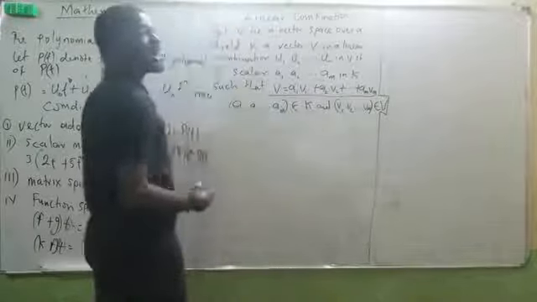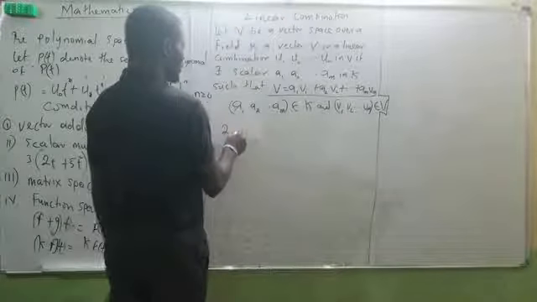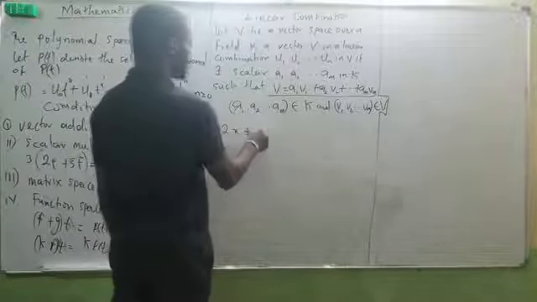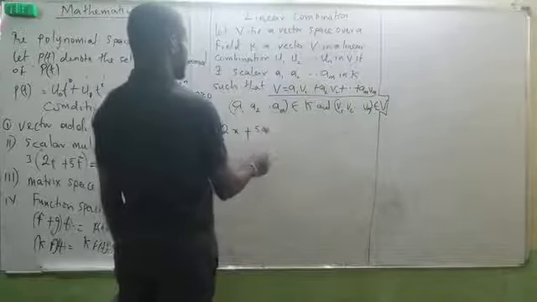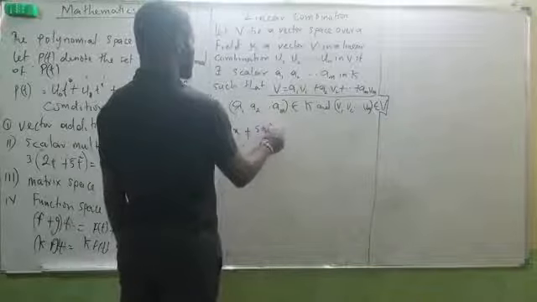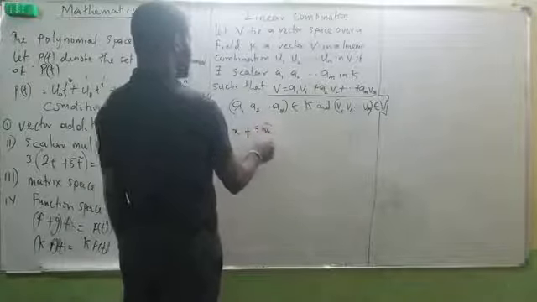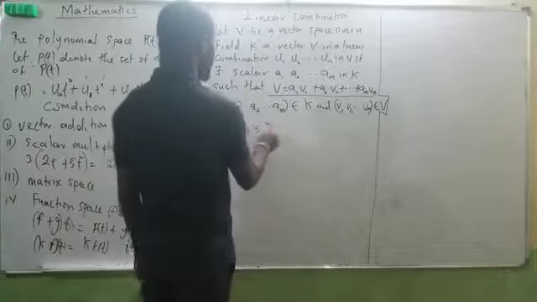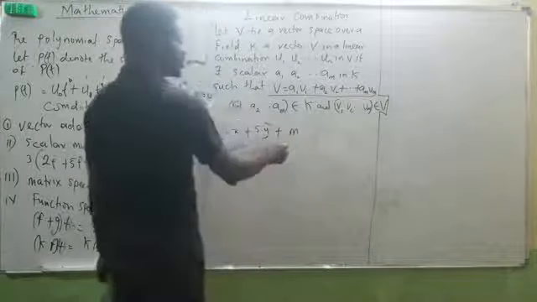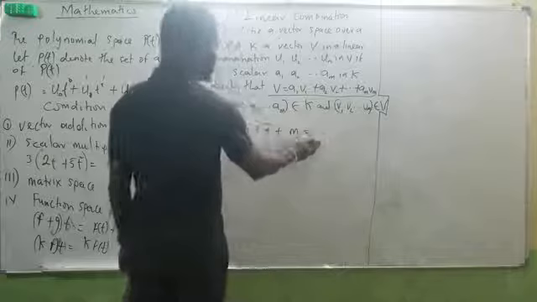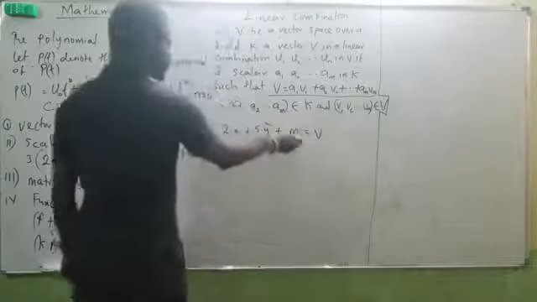It means if I have 2x plus 5j, 5y plus n, this is a linear combination equal to v. This is called linear combination.